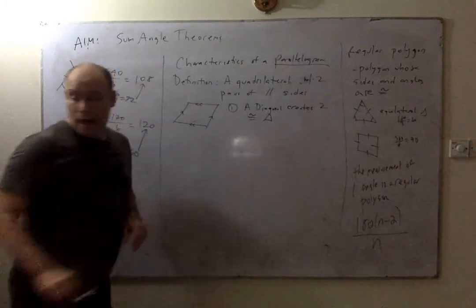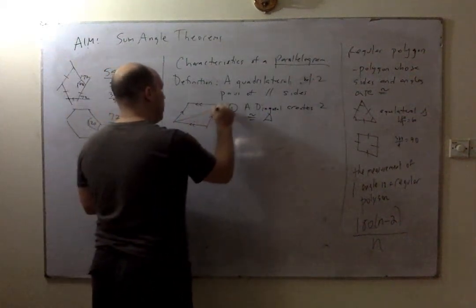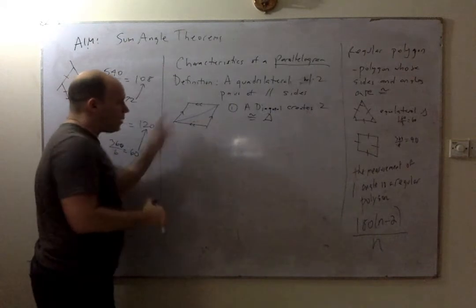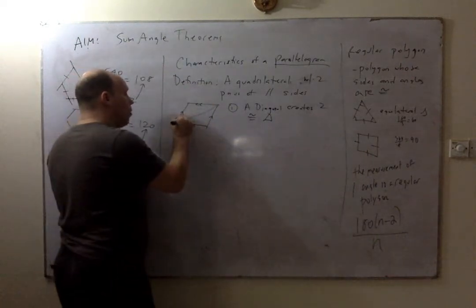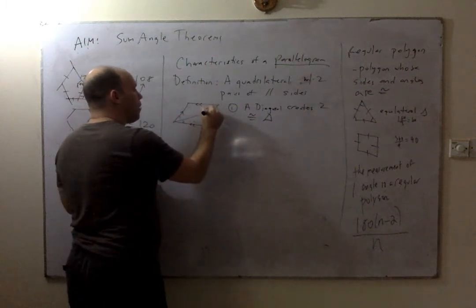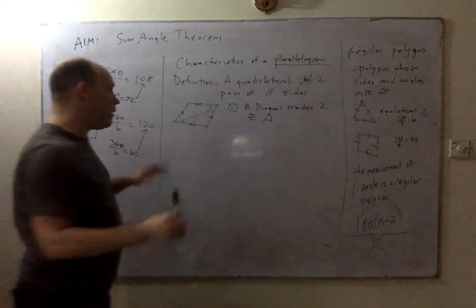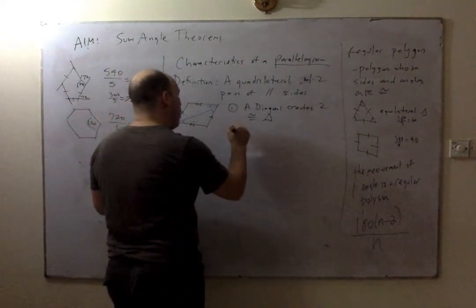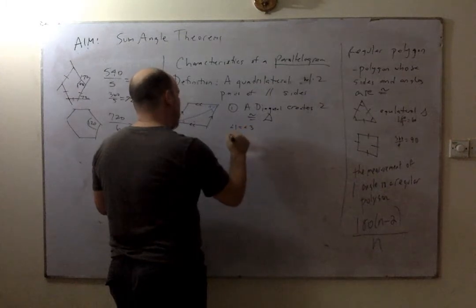Well, draw in a diagonal. Now, we know that because in the definition we have parallel sides, I'm going to draw the angles 1, 2, 3, 4. So here's our proof. The idea is angle 1 is congruent to angle 3, and angle 2 is congruent to angle 4.